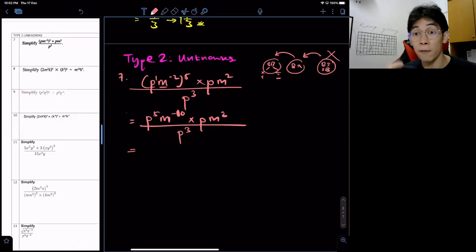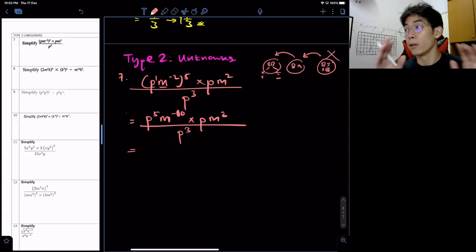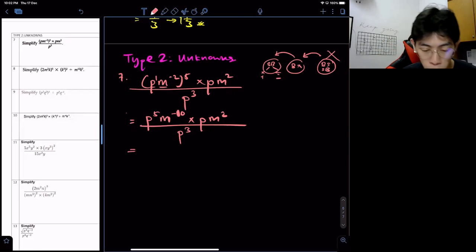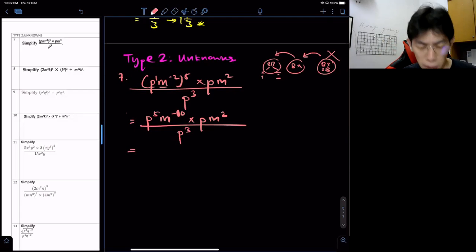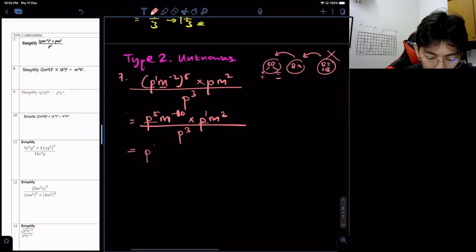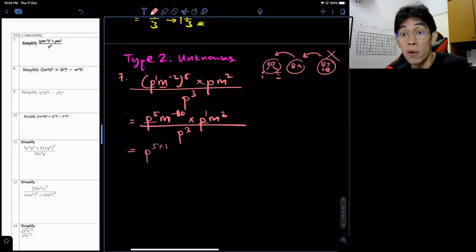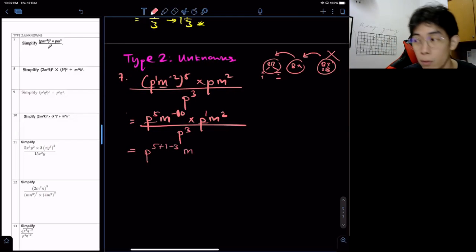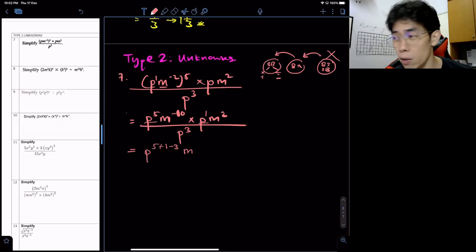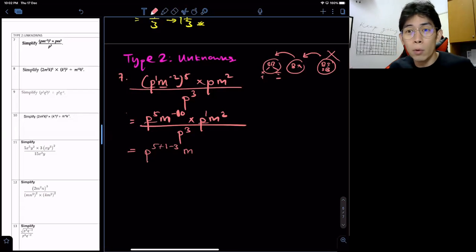Right after this, it depends on how you're going to solve it, but I'll be using the usual way. You already achieved your same base, so you cannot go further with brackets. So the final step is about same base. P5 times P1 is P5 plus 1. Divide, can you see the over is a divide? You minus 3. Do you need to put a times in the middle? No need.